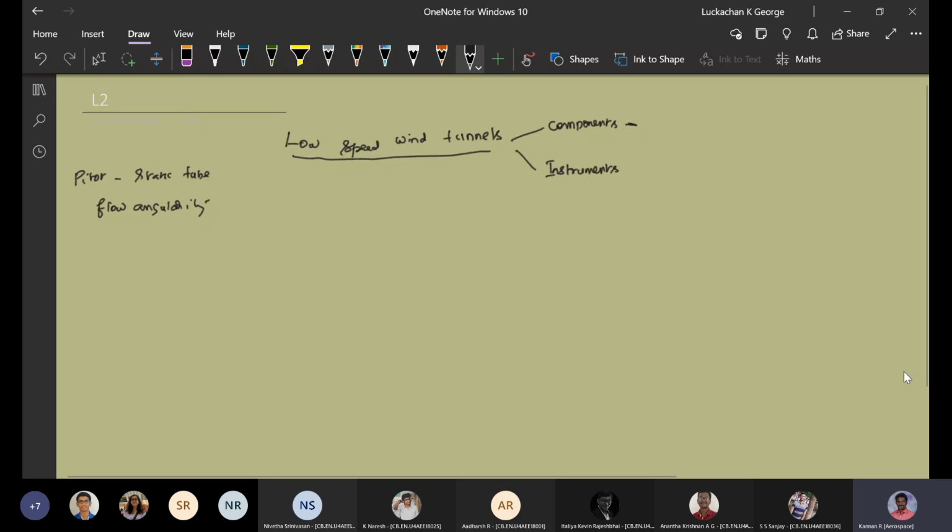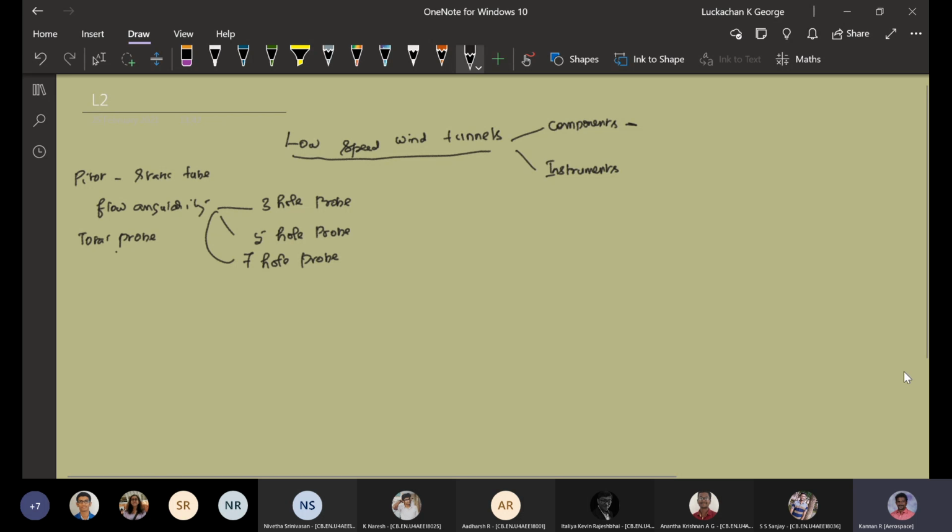And the next is total pressure, which also comes under static pressure. Even for flow angularity, there is the 3-hole probe, 5-hole probe, and the 7-hole probe or omni probe. So these are the things we have seen.